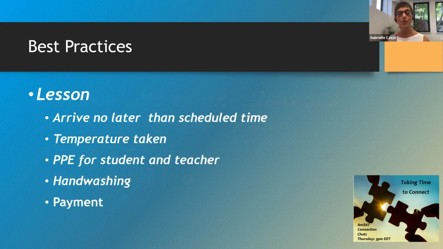Okay. So one of the things that we suggest that you ask your student to do is to arrive no later than their scheduled time. One best way to minimize risk for yourself and for your students is to create some space in between each lesson. And we'll get to this later, but you're going to want to create some space in between each student coming in so that your students are not crossing paths and so that you've got some time to clean up and sanitize everything.